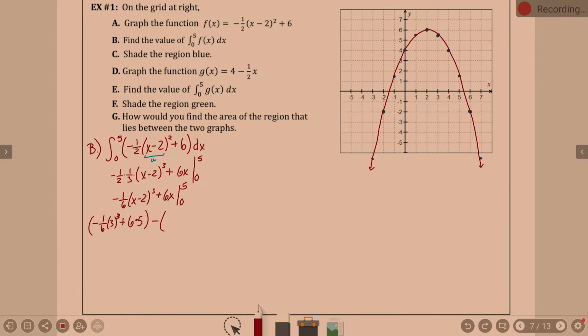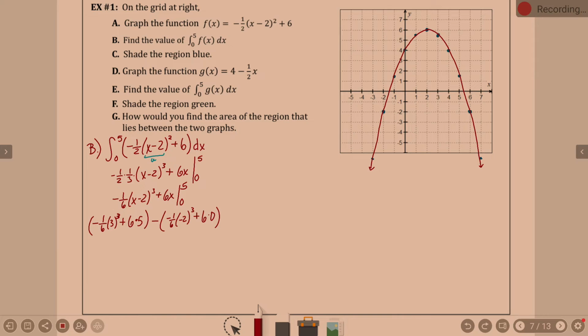Yes. We do here, don't we? That 0 matters on the first piece because 0 minus 2 is not going to go away. 0 minus 2 is going to be negative 2 to the third. Now that 6 times 0 will go away. I agree there.